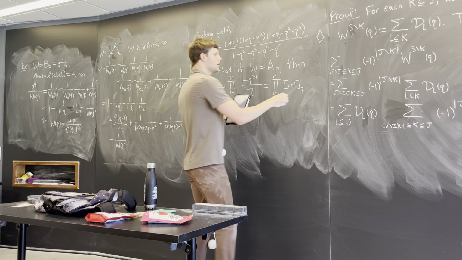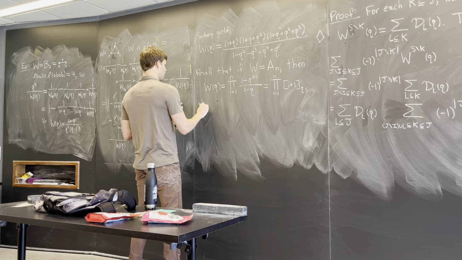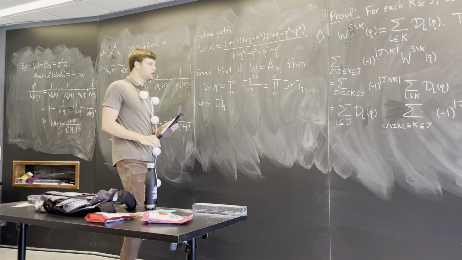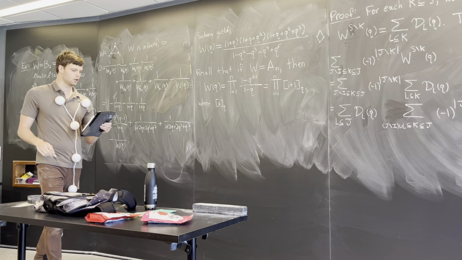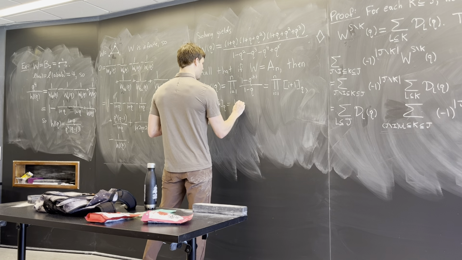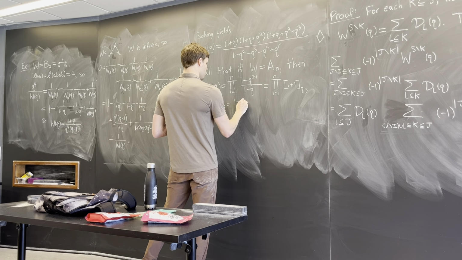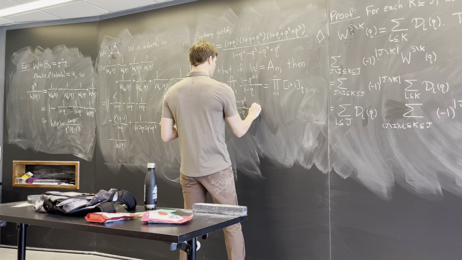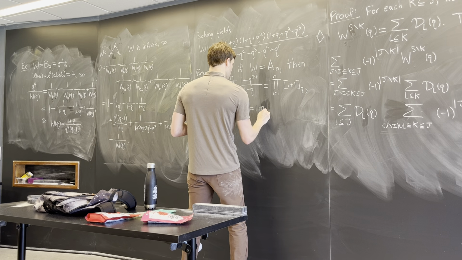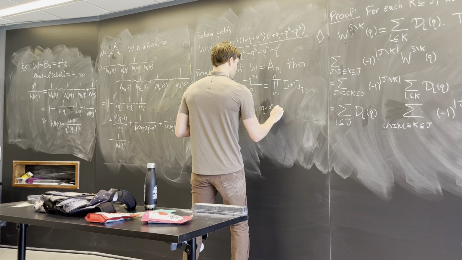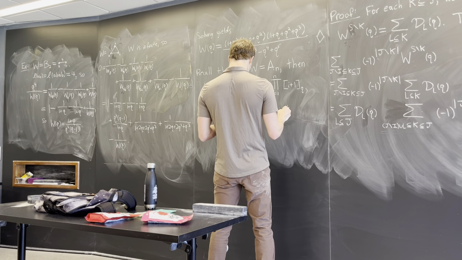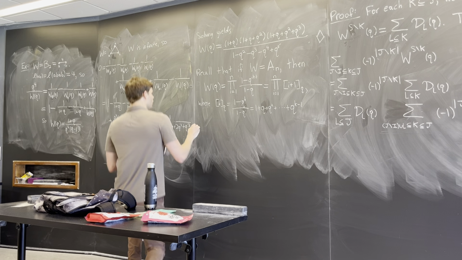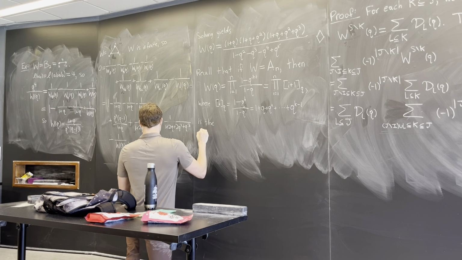This notation, bracket k sub q, is what's called the q analog of the number k. It's just 1 minus q to the k over 1 minus q, which you could also write as 1 plus q plus q squared plus dot dot dot plus q to the k minus 1.